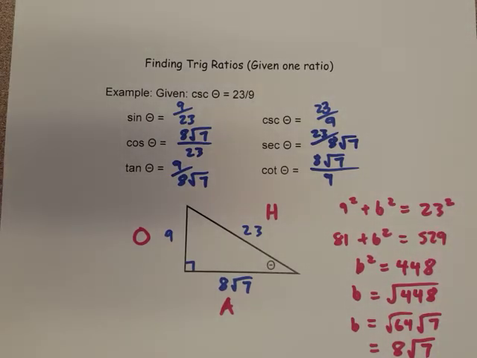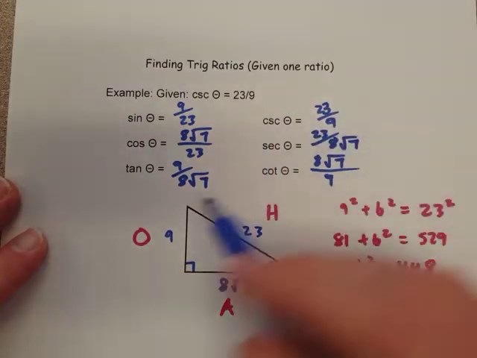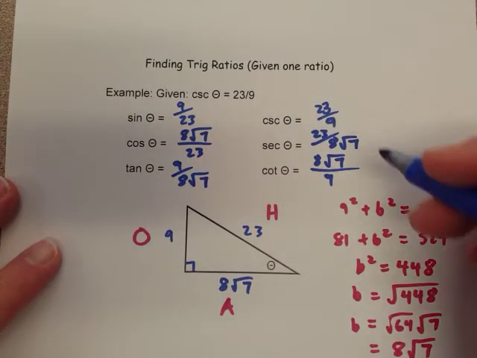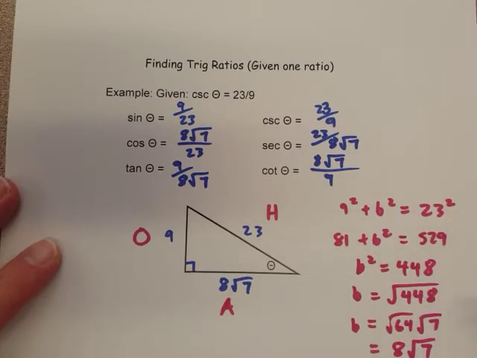Now, like before, we do need to simplify that. Since we have square root of 7 on this one and this one, we can just multiply top and bottom by square root of 7. We don't have to do the whole 448 thing.